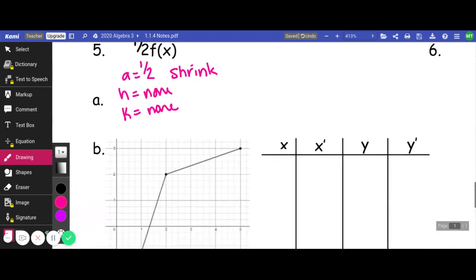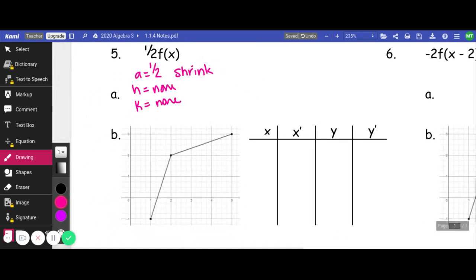Okay, so now these 3 points are your original. So 1, negative 1, 2, 2, 5, 3. So all you had to do is figure out your points and put them in the chart under the X and the Y. Those are your original graphs. The X prime and Y prime are your new points.